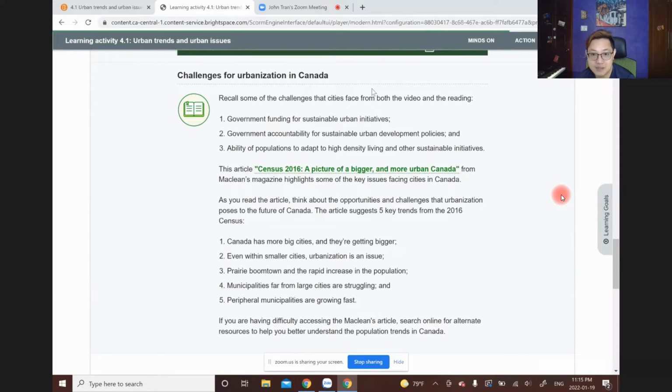Accountability means responsibility for sustainable urban development policies. Of course, the government has to take responsibility to plan how the city will develop. Not just let it grow like it is.